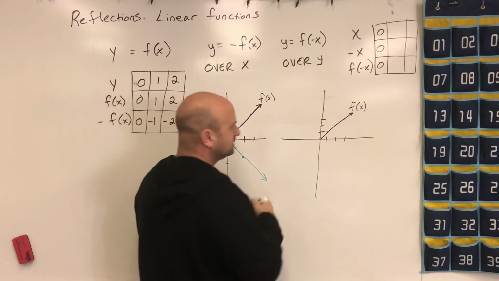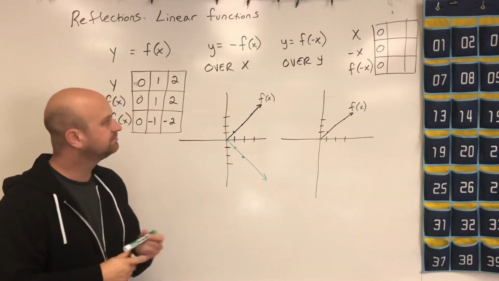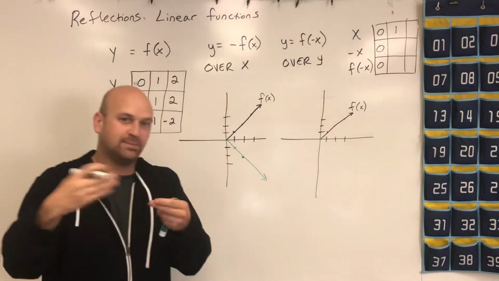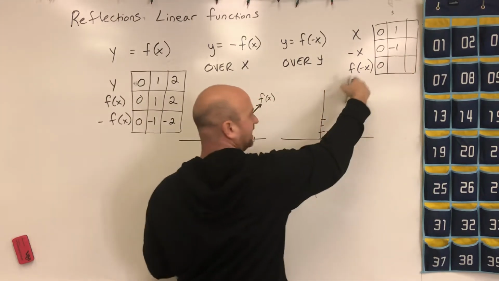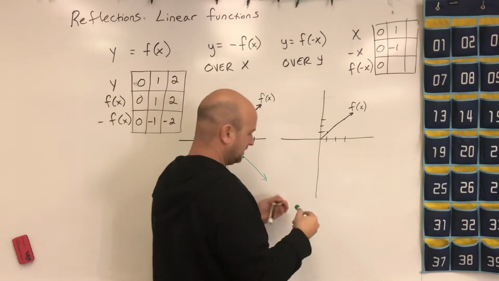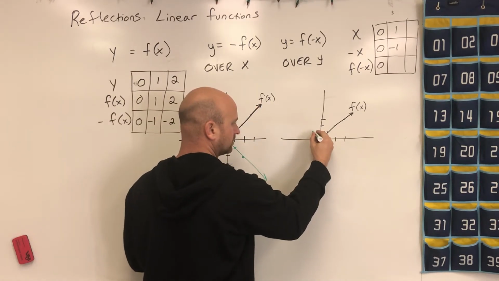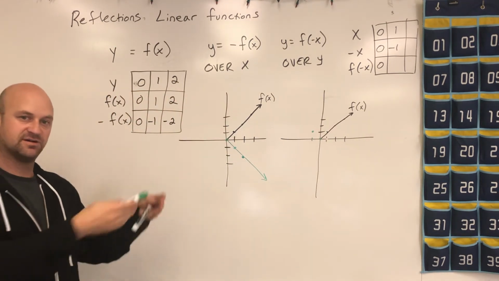Again, this one is maybe a little confusing, but it's important to know what's happening. So now, if I have x is 1, the opposite of x would be negative 1. And then f of negative 1 is going to go this way. Okay, so that would be f of negative 1.